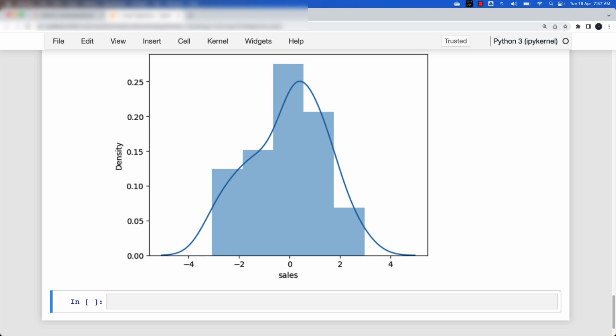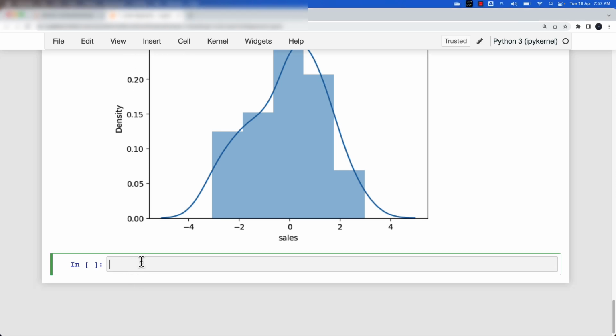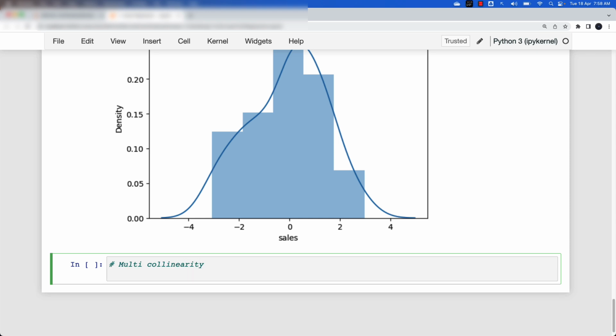Another assumption that we have got when we talk about linear regression is multicollinearity. Here in the scenario of multicollinearity, we will make use of the statistical term called the VIF score, or the variance inflation factor. Using this variance inflation factor, we would find whether there is any correlation between the features or not.